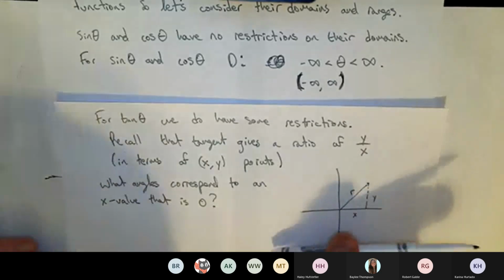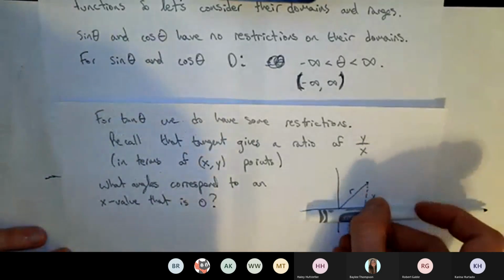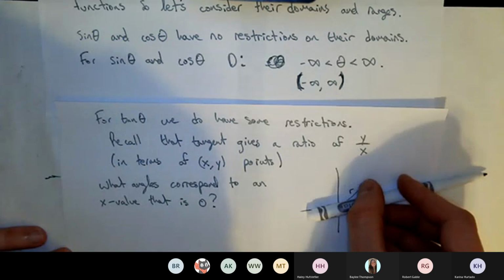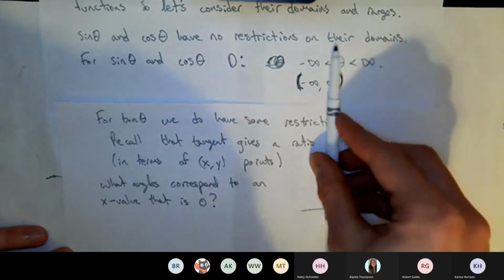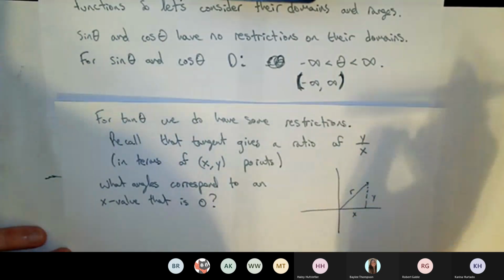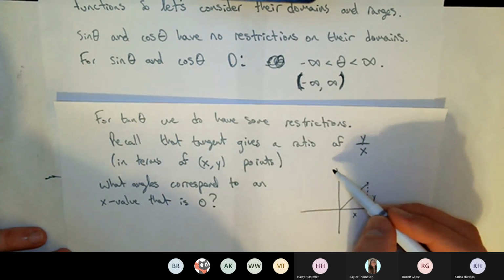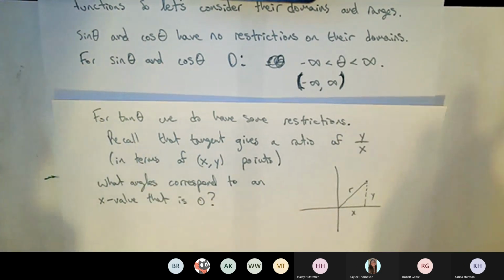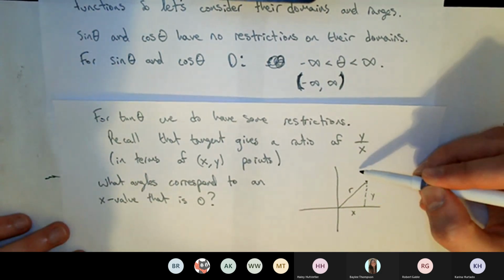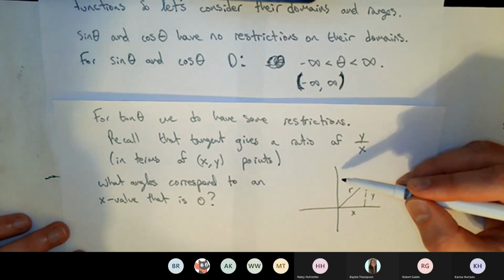Think about an angle. You can start all the way at a 0 degree angle. Moving along, when will x be 0? If I follow a coordinate point along, at what angle will x be 0? Does anyone have any ideas? Where is x equal to 0?